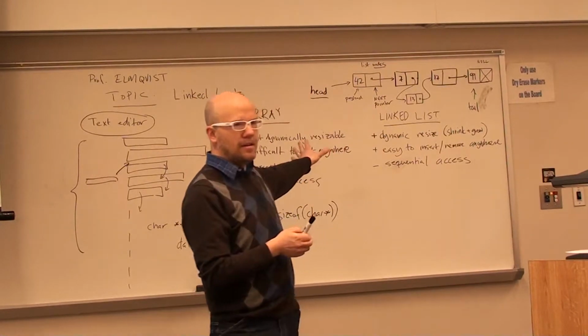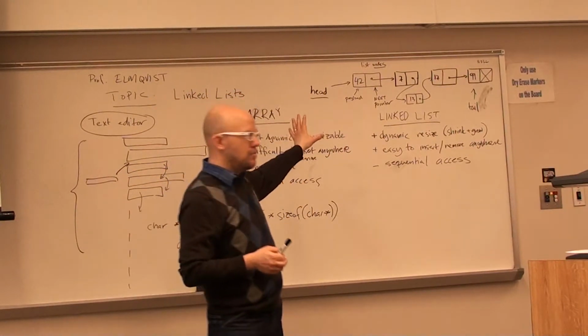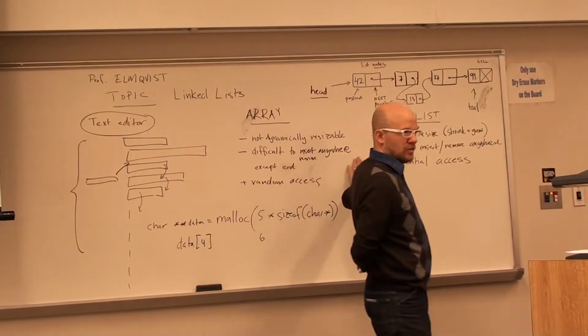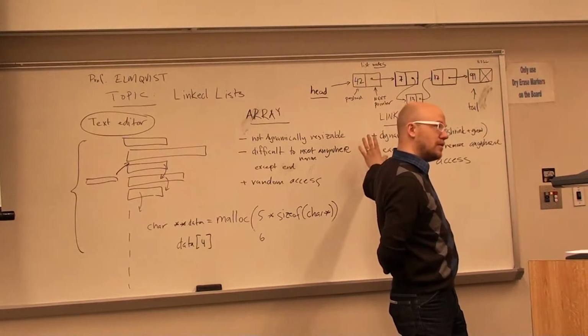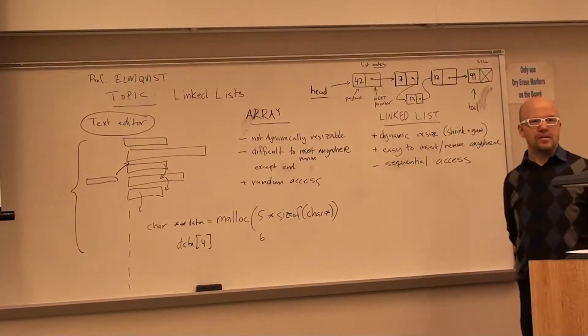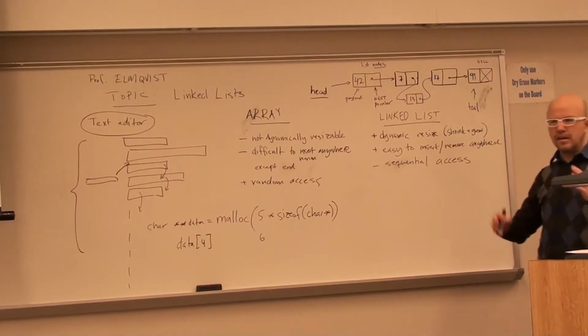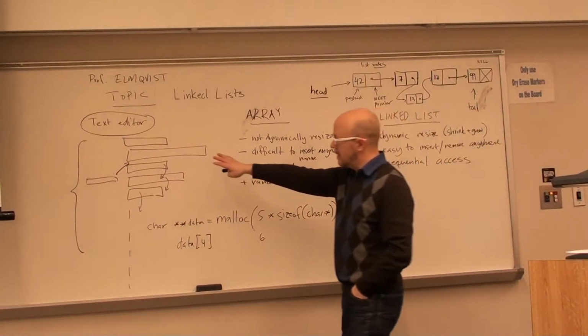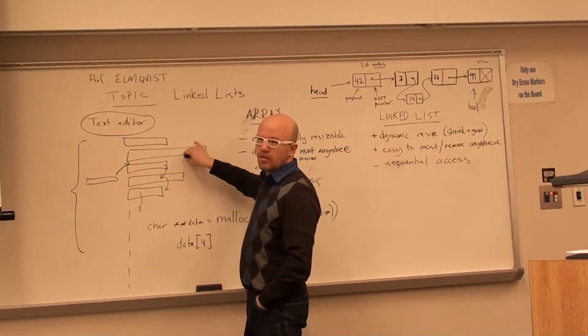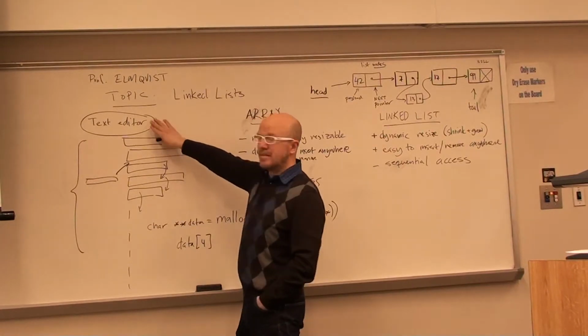I want to give you the weapons to not worry about the data structure. So a big part of the assignment is knowing linked lists, because that's what you will be sorting. You'll be sorting lines of text, or strings really, sort of like this text editor example.